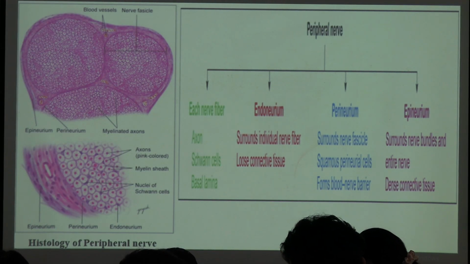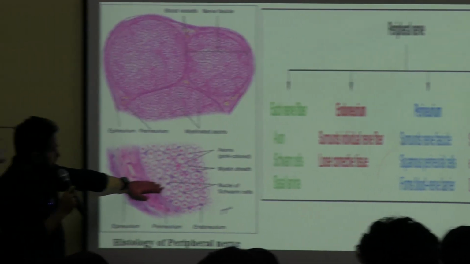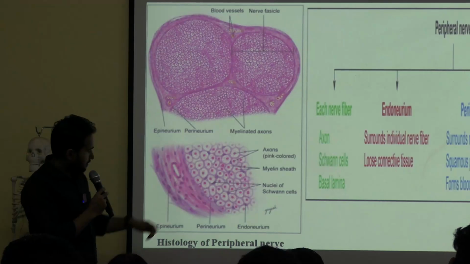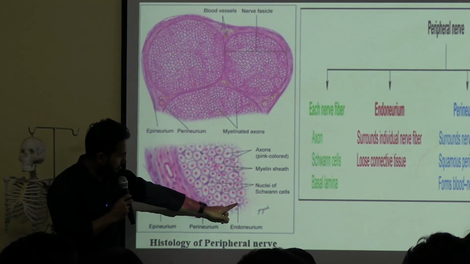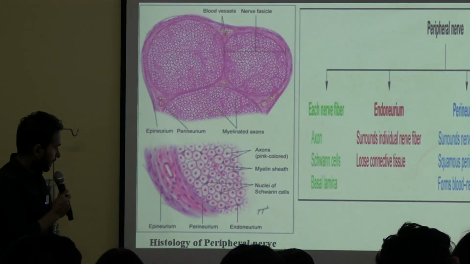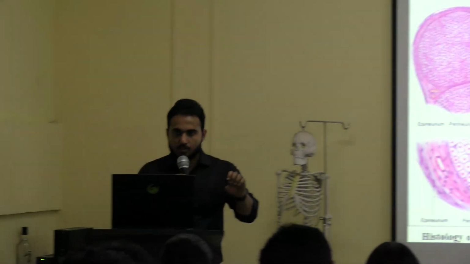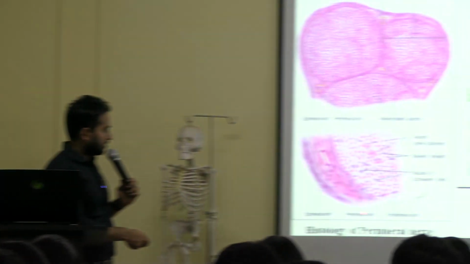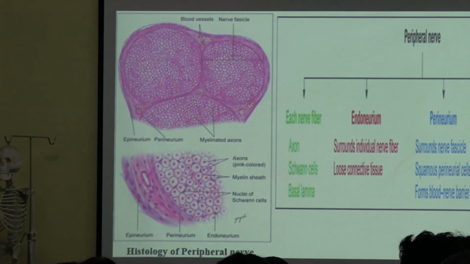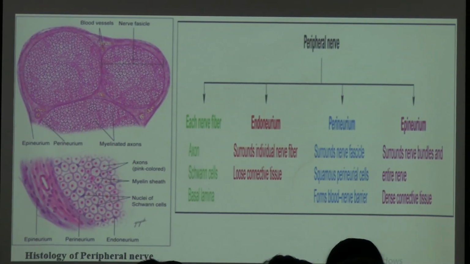Here you can see individual nerve fibers, the cut sections, covered by connective tissue called endoneurium. A fasciculus, or a bundle of nerve fibers, is covered by connective tissue called perineurium. The entire nerve is covered by connective tissue called epineurium.